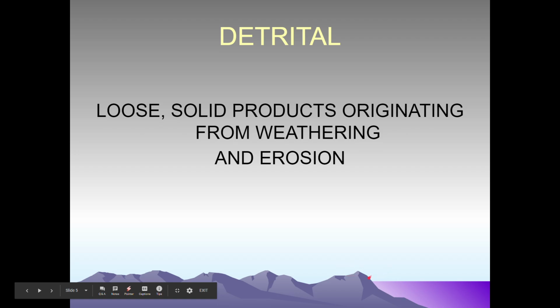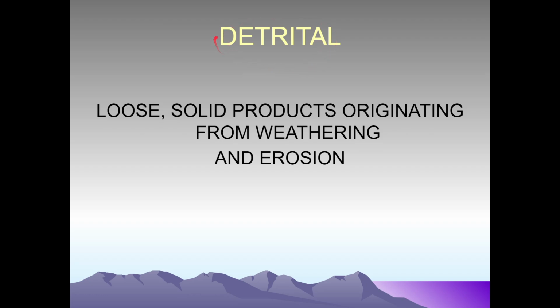These pieces may eventually settle down here, get buried and become a sedimentary rock. And it's made out of all the pieces of this granite mountain that I just beat up. That's a detrital sedimentary rock.